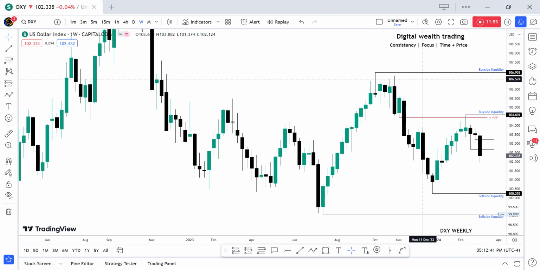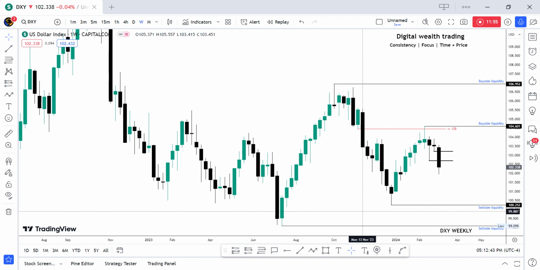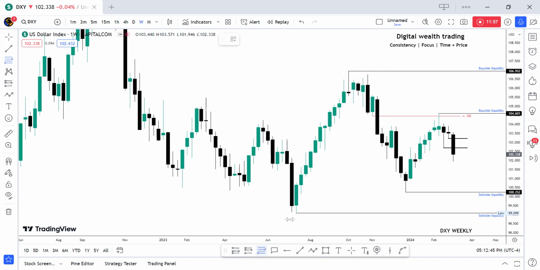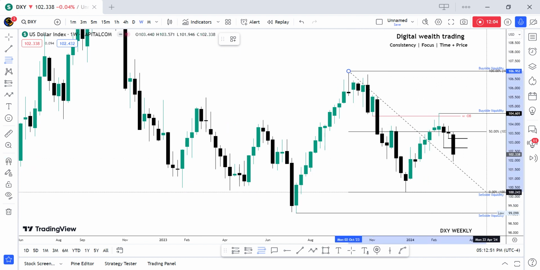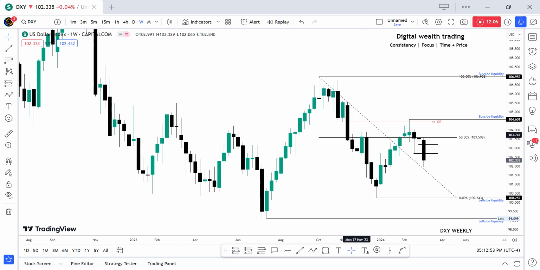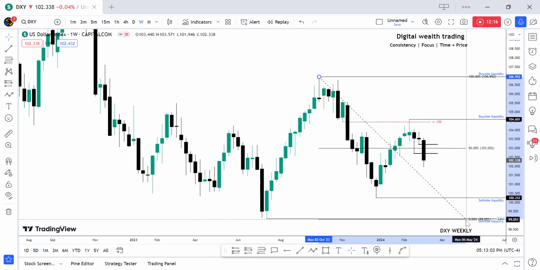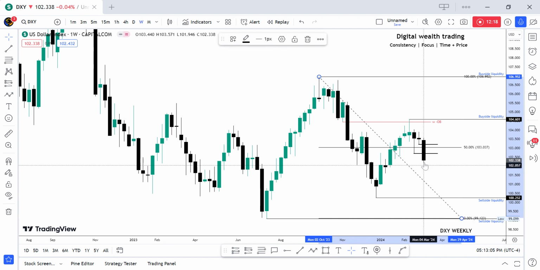Yes, on the weekly, we can see that almost the same thing has occurred on the dollar index. There is a smart money divergence between the euro and the dollar currently, because we could see that the dollar 50% is way higher. We are almost past the 50% range.